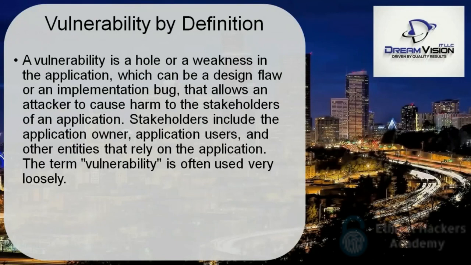The term vulnerability is often used very loosely. A lot of my constituents will use the word vulnerability when it comes down to actual threats or exploits. Now, know the difference.